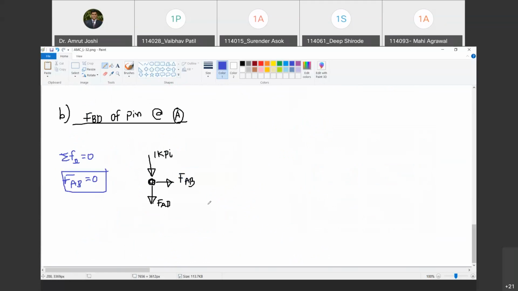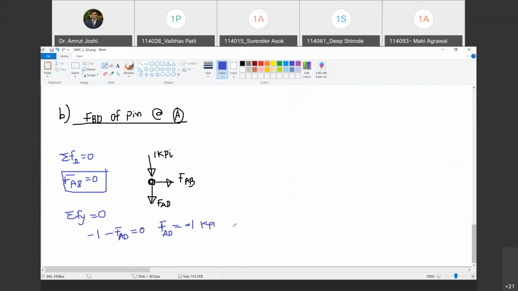Now what about FAD? I will have to do summation Fy equal to 0. That gives me 1 minus FAD equal to 0. So what is FAD? Minus 1 kilopascal.